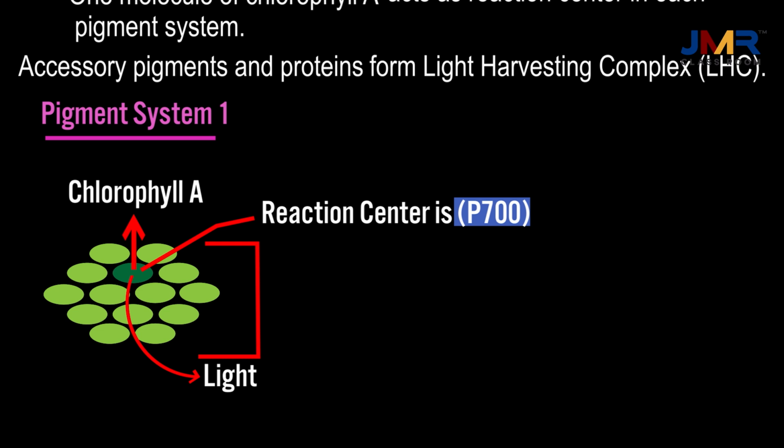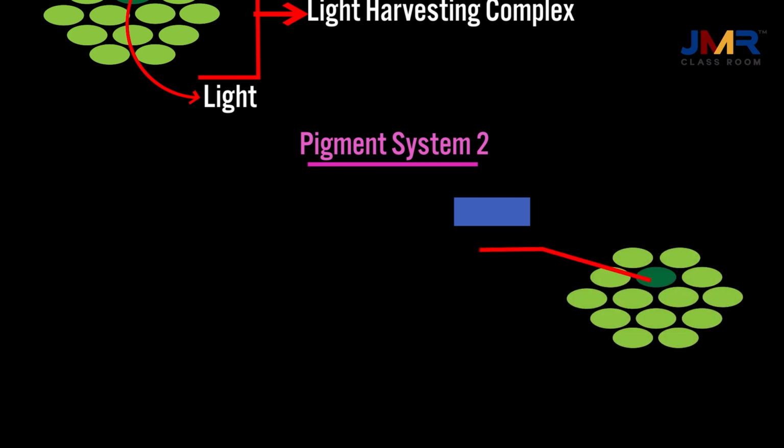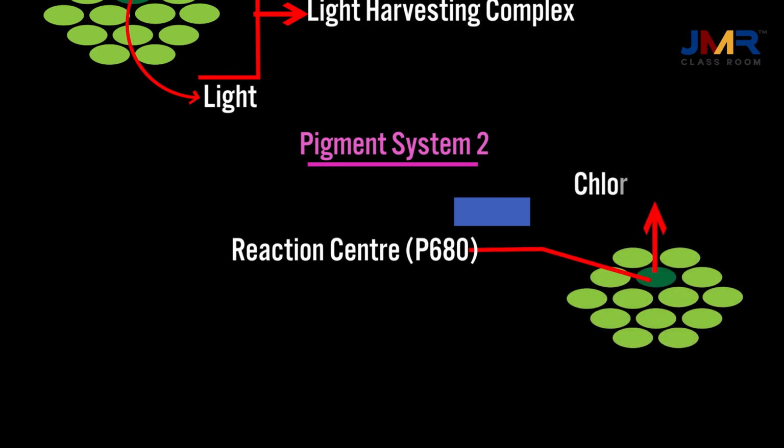Accessory pigments and some proteins collectively form the light harvesting complex. This light harvesting complex absorbs light energy and passes that light energy to the reaction center. In PS2, pigment system 2, the reaction center chlorophyll A is also known as P680, because the maximum absorption peak is 680 nanometers wavelength.